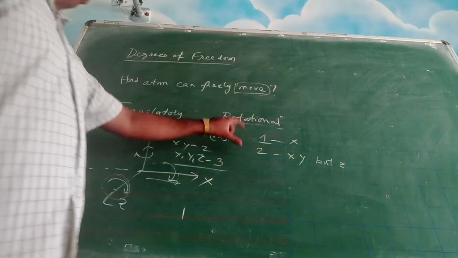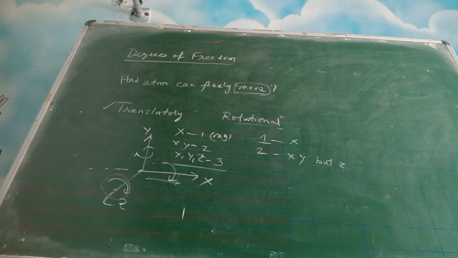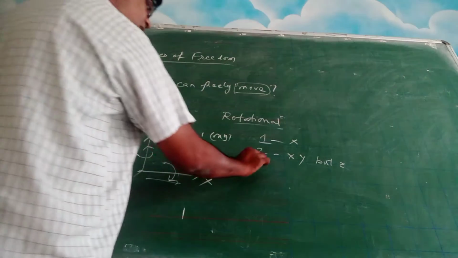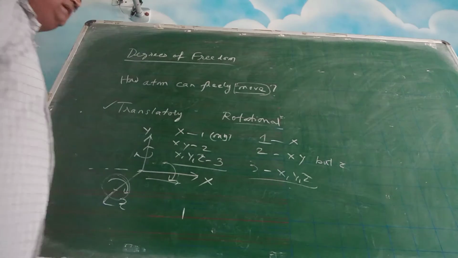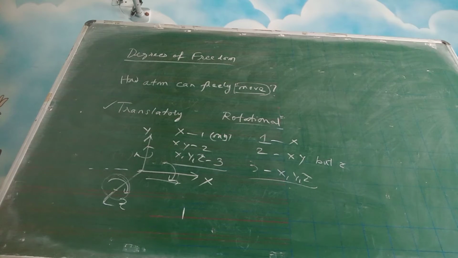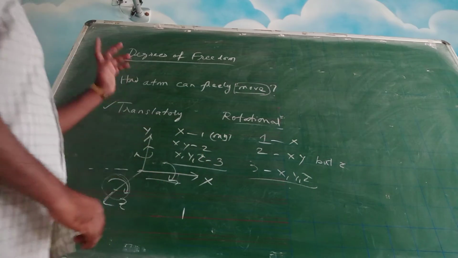You will say degrees of freedom is 2 because in 2 ways it can rotate. Suppose it can rotate about all 3, you will say that it is degree of freedom in rotational way is 3. So if you club these two, you get the total degree of freedom.